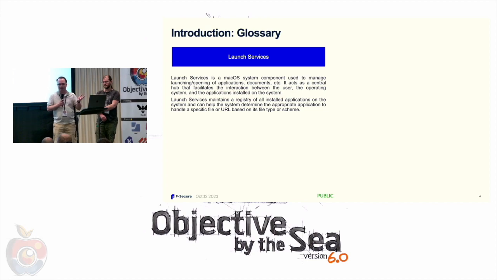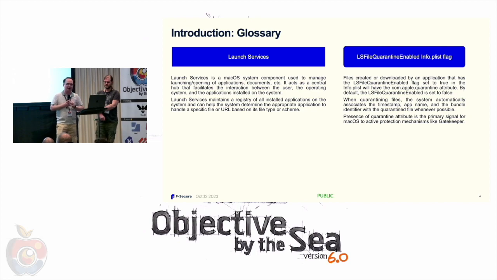This is a system component, or system library, which is responsible for keeping track of installed applications on the system, and which applications can open which files. When it is time to decide which file needs to be opened with which application, this is the lookup step during startup.